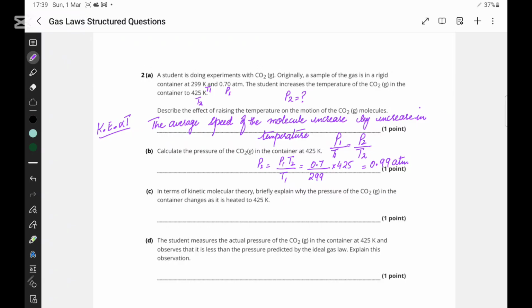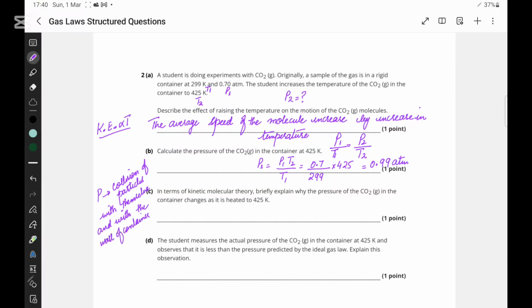So the next question says, in terms of kinetic molecular theory, briefly explain why the pressure of carbon dioxide in the container changes as it is heated to 425 Kelvin. First of all, remember the pressure of a gas is dependent on the collision of particles with themselves, and secondly with the wall of the container.